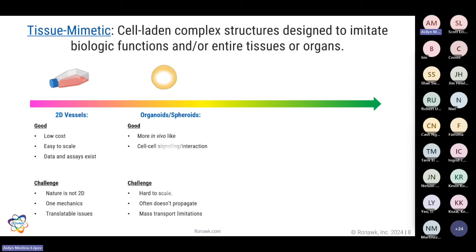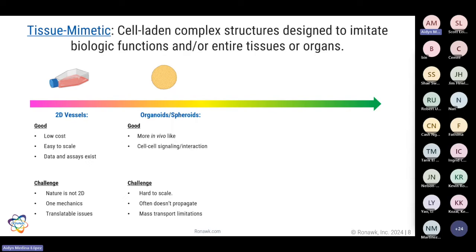Then you have other three-dimensional cultures like organoids and spheroids that over the past 10 years actually enhanced our understanding of the need of three dimensions, of the need of the cells talking to each other in many directions.